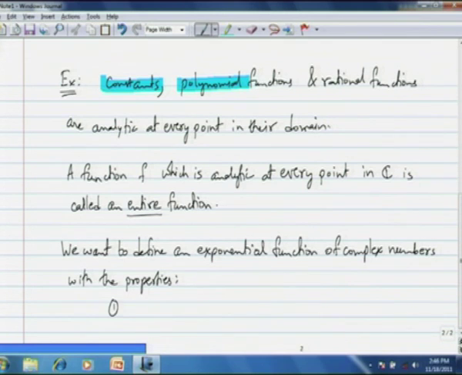Firstly, if f is that function which we want to define, we want f of z1 plus z2 to be f of z1 times f of z2.